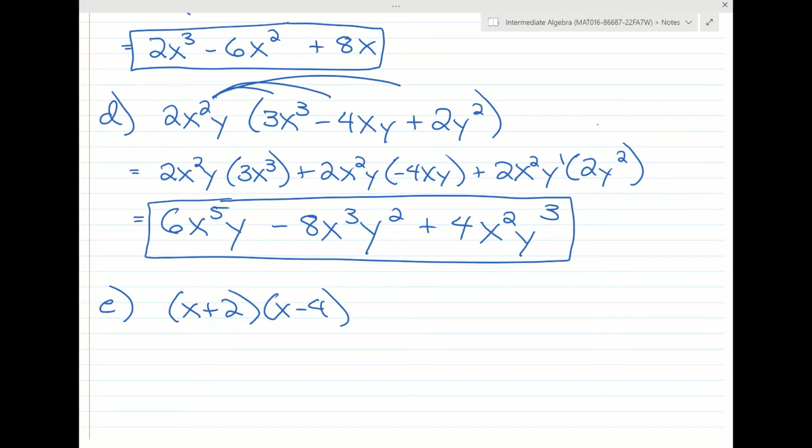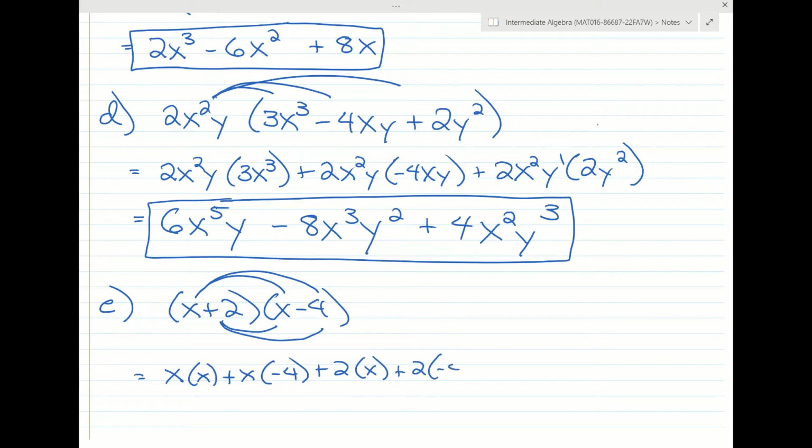Kind of like before, but what we're going to do is distribute x times everything, and then we distribute the 2 times everything. So we're going to do the x first, x times x plus x times negative 4. And then we're going to distribute the 2 times everything, 2 times x plus 2 times negative 4.